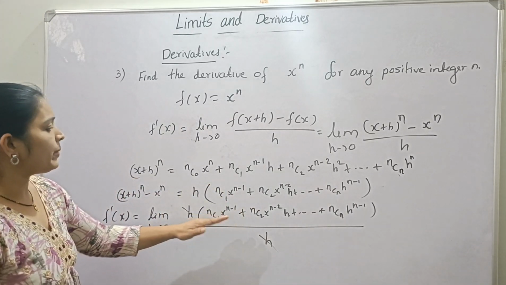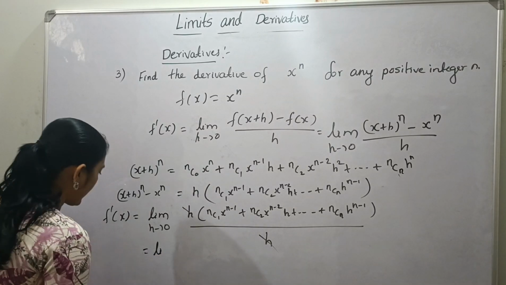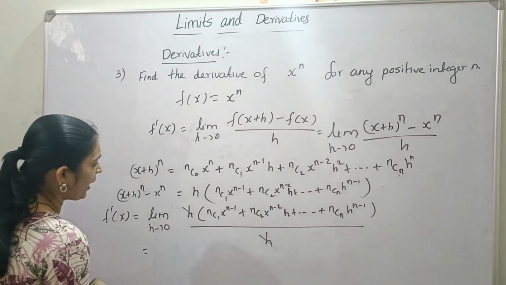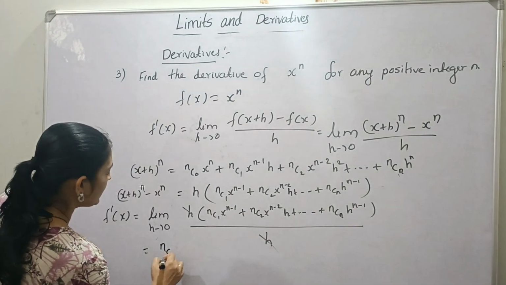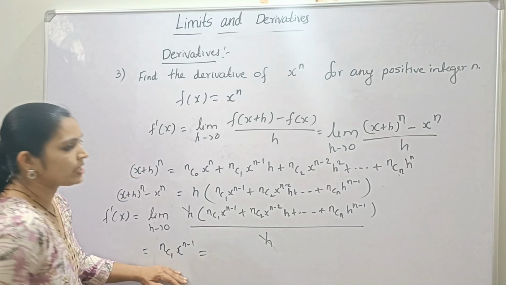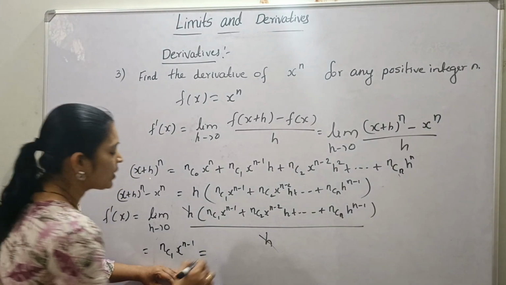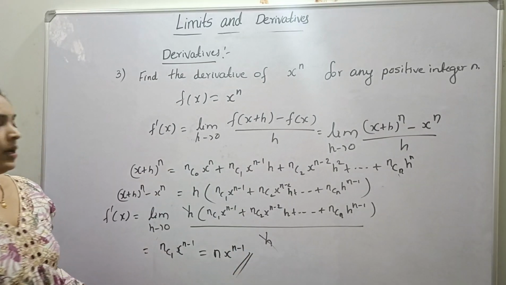So only this term remains. After applying the limit, we get nC1 x raised to n minus 1, and nC1 is nothing but n itself. So n x raised to n minus 1, understood, right?